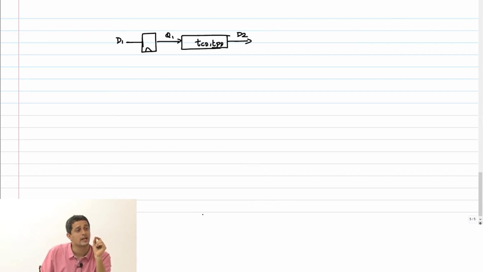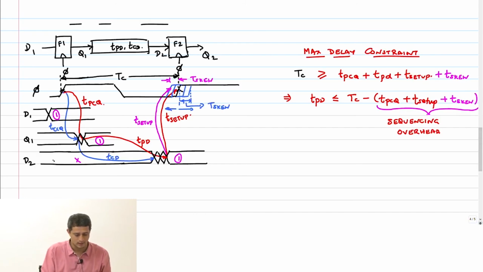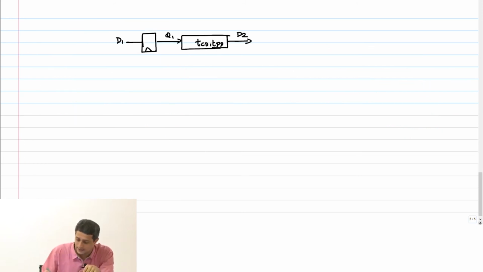I am not waiting for it to go. Like I told you here, D2 was maintaining some earlier state, and that needs to be captured by the flop F2 and held for a whole period. But what if data from D1 races through and affects that earlier state that it is holding? That's also possible. So the way we analyze that is we bring this flop back here, just notionally.